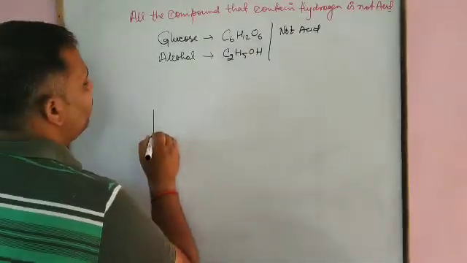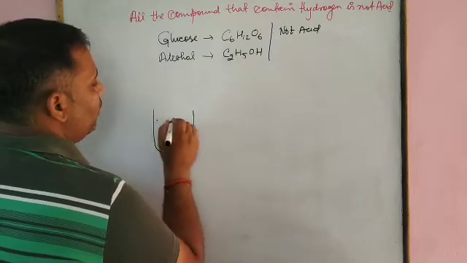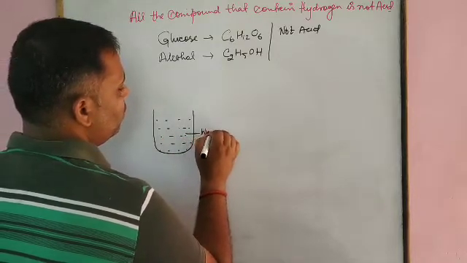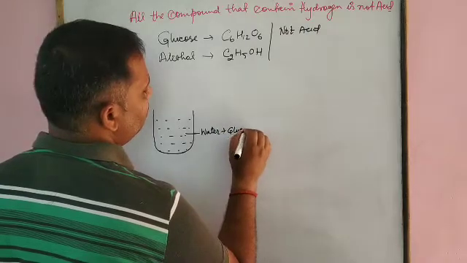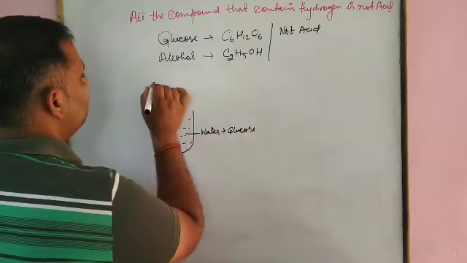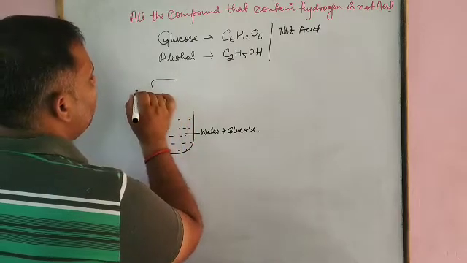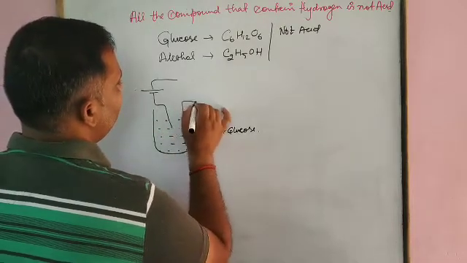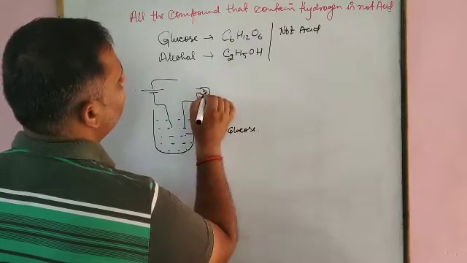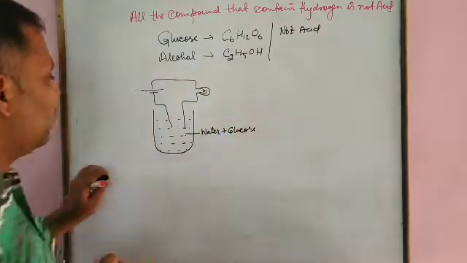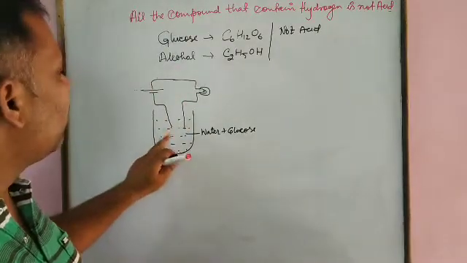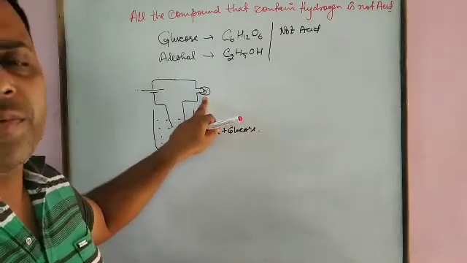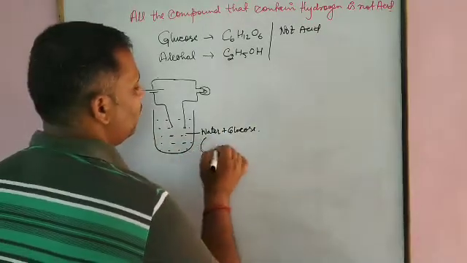When we dissolve glucose in a beaker containing water, that is water plus glucose, and we have an apparatus with a battery, one wire here, the next wire here, attached with a bulb, we will see that this bulb will not light up. Why? Because the solution we have taken is a non-conductor.